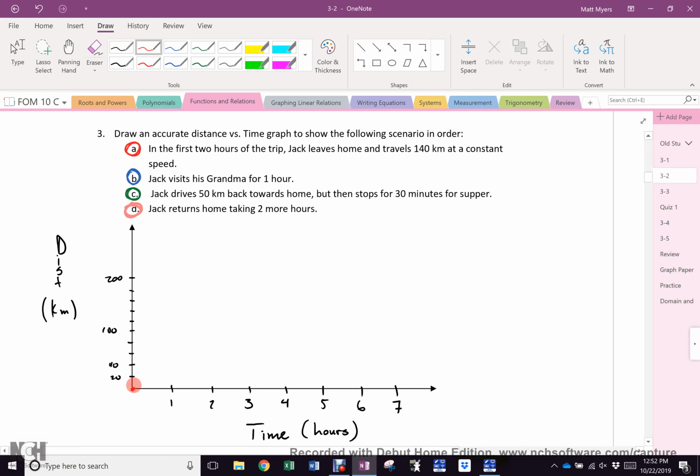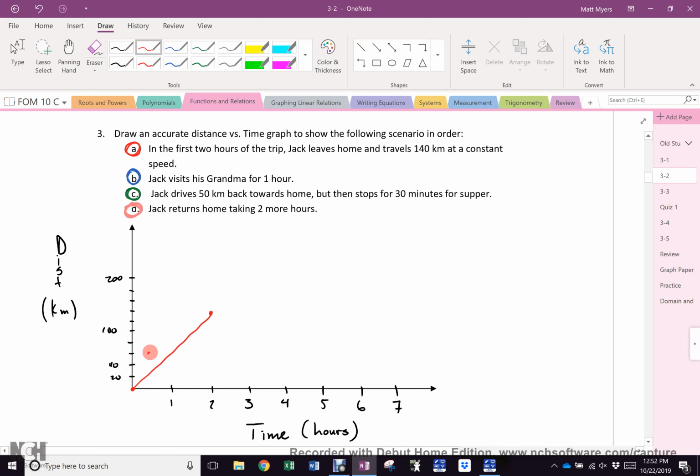Excellent. And for the first 2 hours, he goes 140K, yes? So I have gone up in 20s, agreed? So 100, 120, 140, yeah? 2, 140. Is everybody happy with that? I took 2 hours, I went 140 kilometers, yes? Now, since I went at a constant speed, I'm going to draw a straight line.